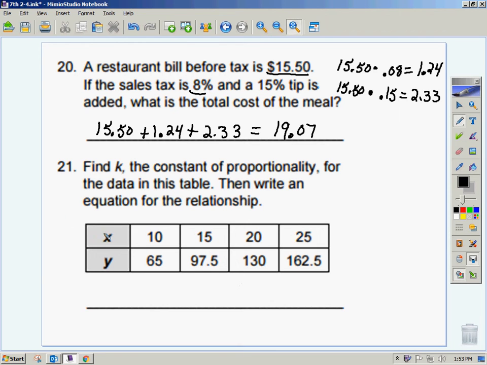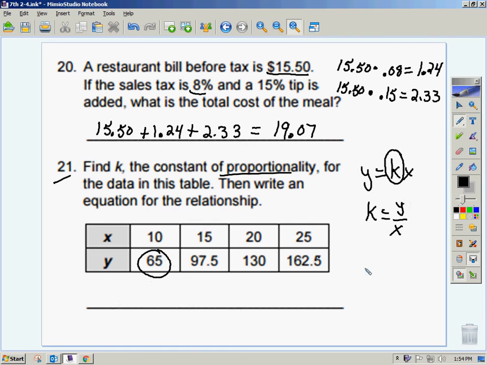Number 21 is a complete review. Y equals kx. K equals y over x when you're talking about a proportional relationship. Remember that in order to write the equation, the only thing I have to find is what? K. That's the only thing I have to find. And I do that by taking y and dividing it by x.